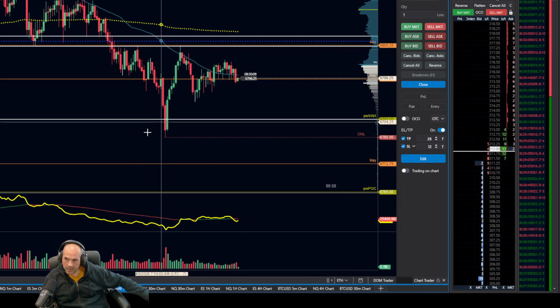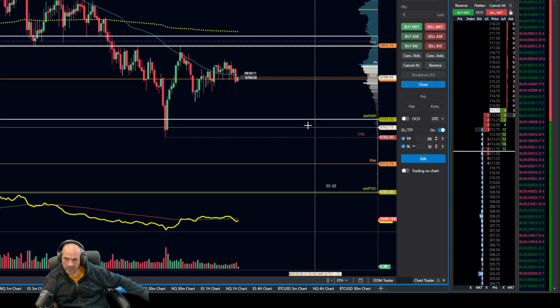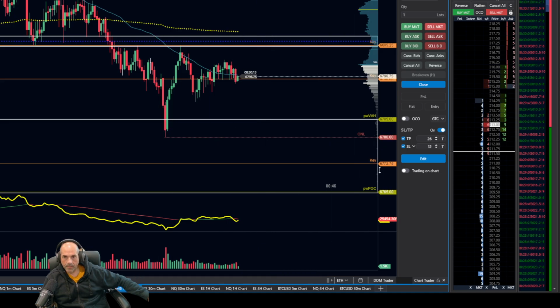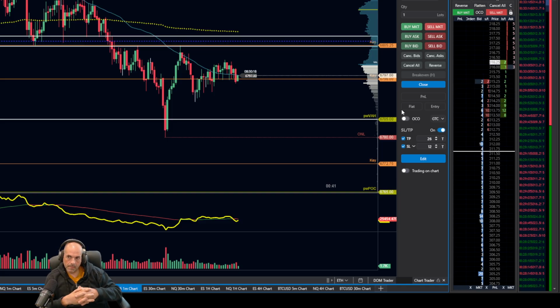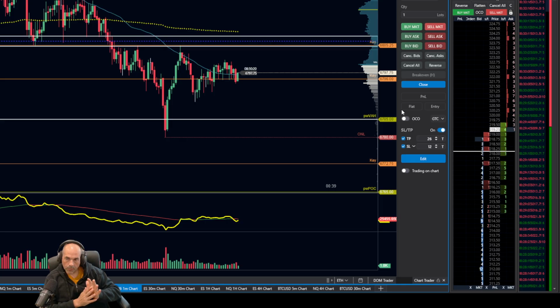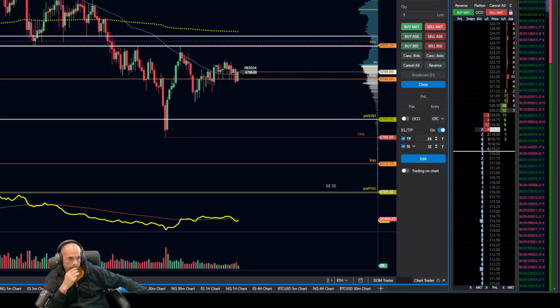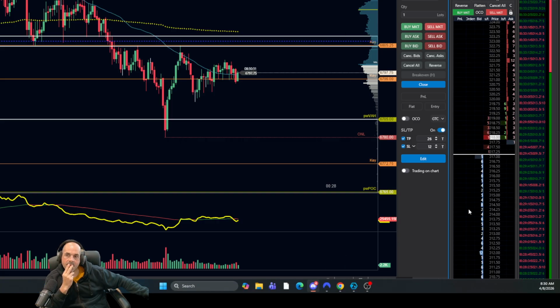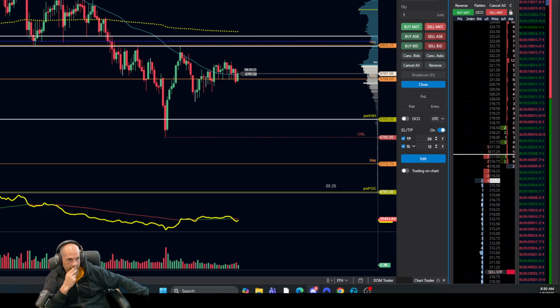I had this box here and it did provide a trade, right? We did tap into a key level. But I missed that trade, right? Right now it's in the middle. I just want to wait for another arrival at my key area.